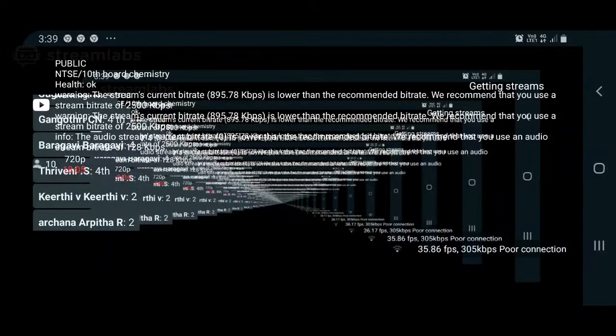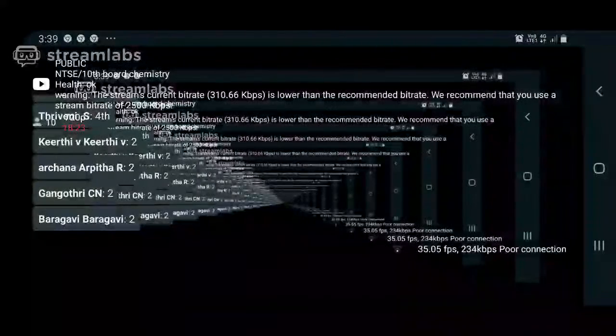Orange. Okay. Q. Second option is wrong. Second option is wrong. What would be the right answer?